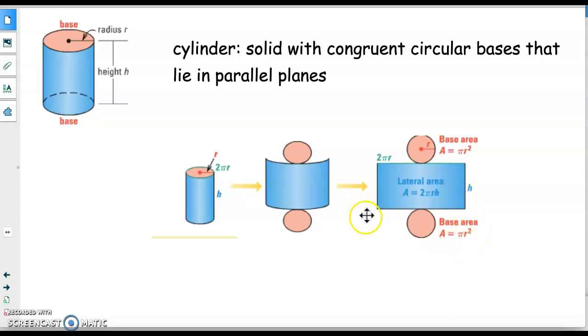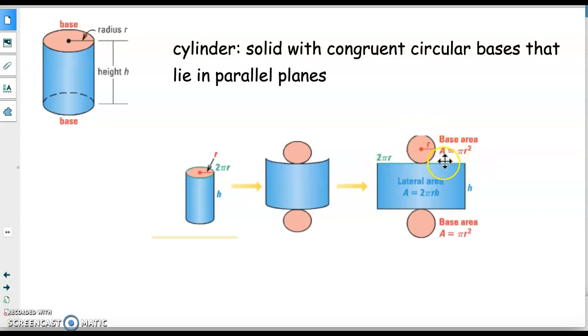But this rectangle that's formed by what connects the two bases, the lateral area, this blue rectangle here, its area is equal to the circumference of the circle, because this green line here corresponds to the distance around the outside of the circle.